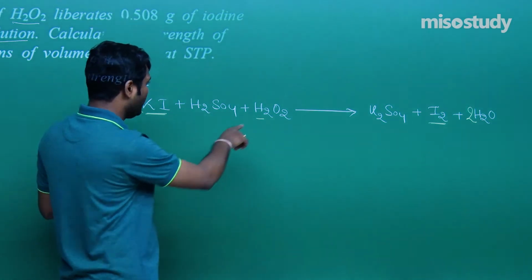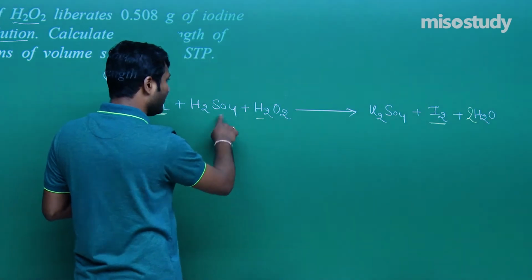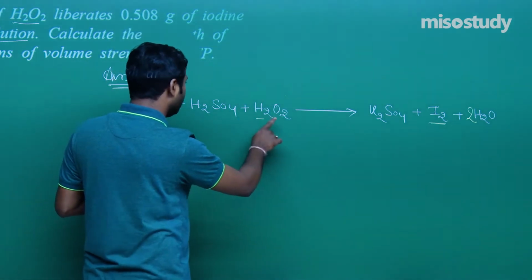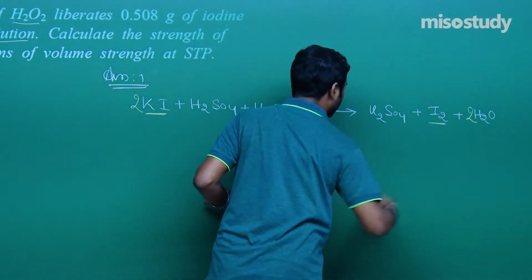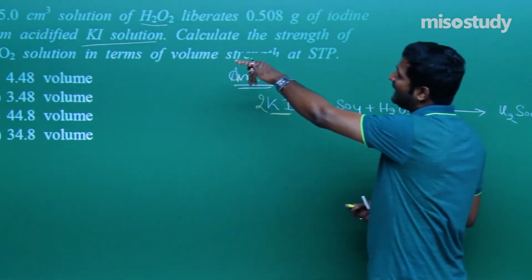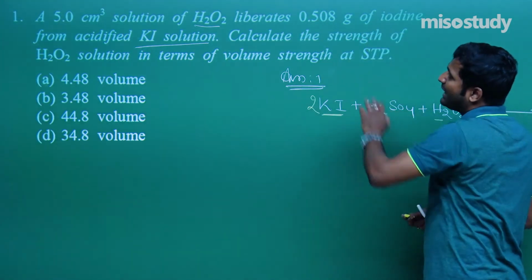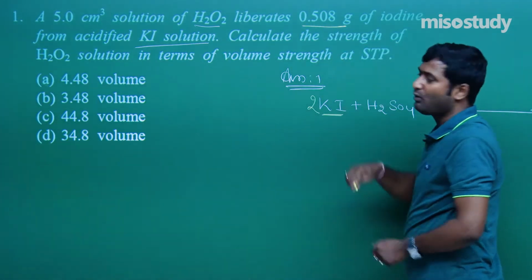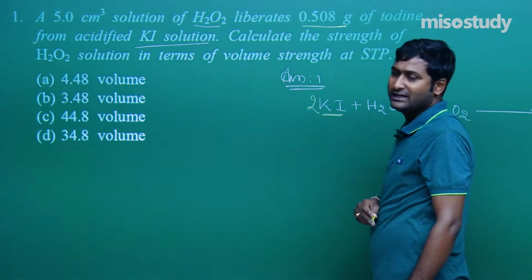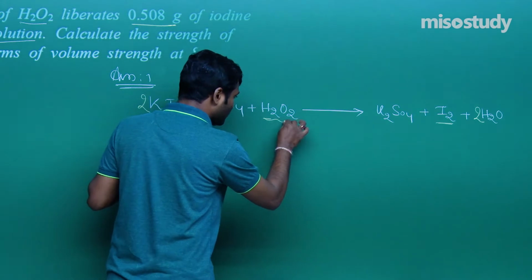Do we need hydrogen 2 times, hydrogen 2 to 4, SO4 1 times, oxygen 2 here, oxygen 2 here, completely balanced. Now read the question. 5 ml solution of H2O2 gives 0.508 gram of iodine. Now I am moving here, according to the question.